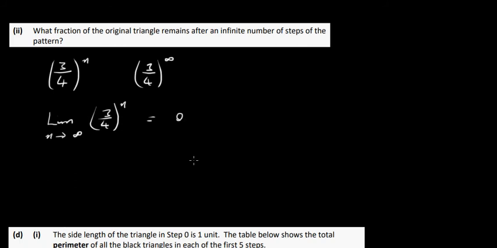So the fraction, I guess you can write it as 0 over 1. If they're asking for a fraction here, you may be able to write 3 over 4 to power infinity, something like that. But this is the fraction. There'll be no area left within the original triangle, which is hard to imagine, but that's what would actually happen.